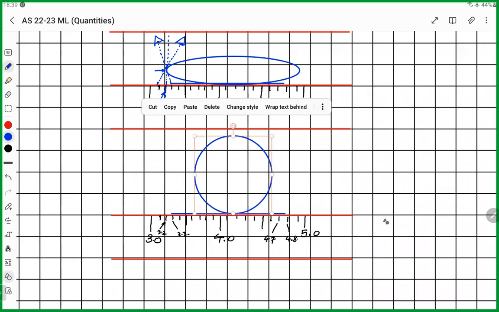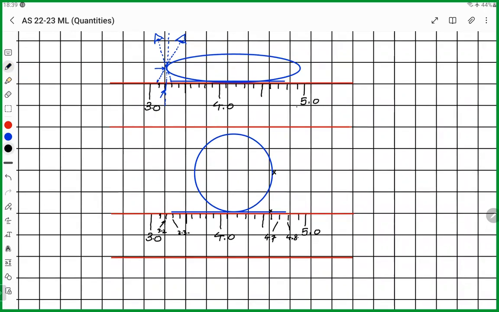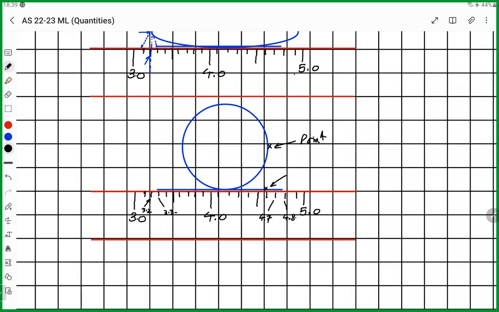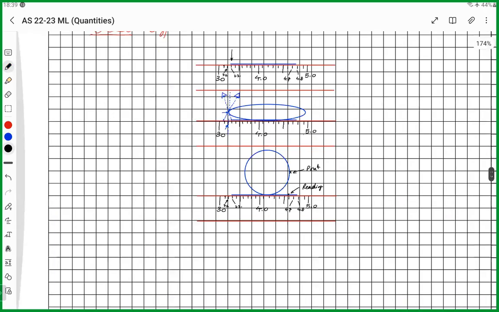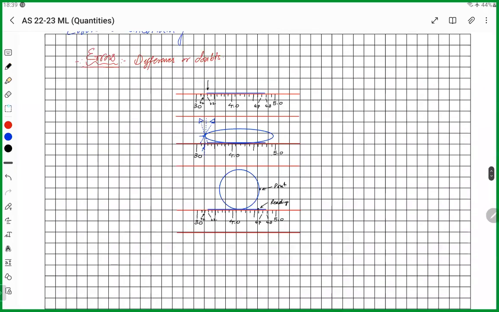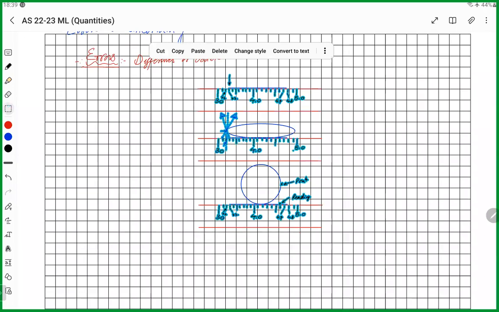Now, when you are measuring it, the problem will be the end is here and the reading is there. This is the point, and this is the reading, and they are not together. So this will produce a doubt in the measurement. And these kinds of doubts are called errors. Okay, that is one example.